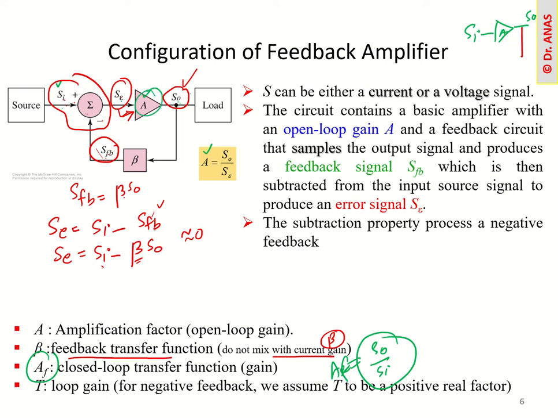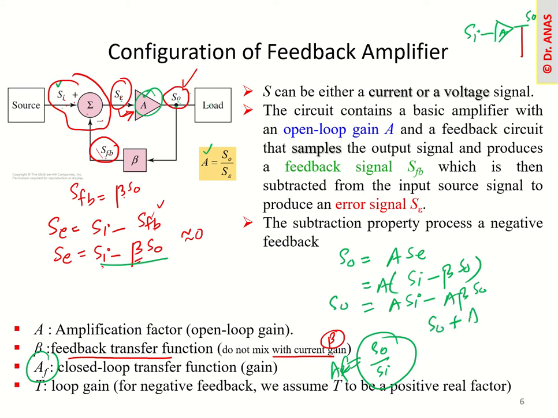Now let's have a look at what we are actually getting here. If you write this equation, the output is A times the error signal, right? And what is your error signal? That is A times (Si minus beta times S naught). If we rearrange this equation and take this to the other side, it will be S naught plus A beta S naught is equal to A times Si.